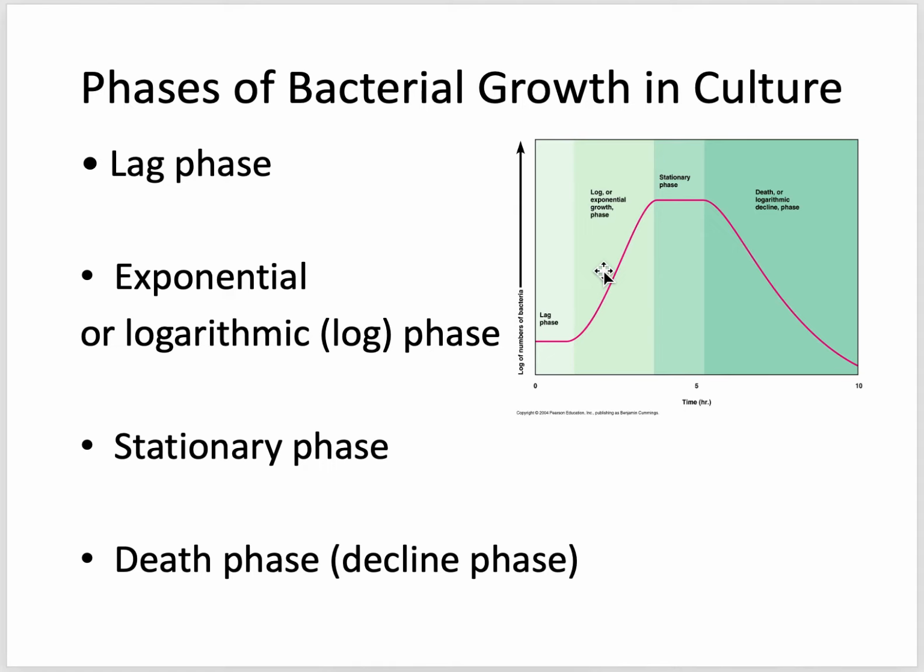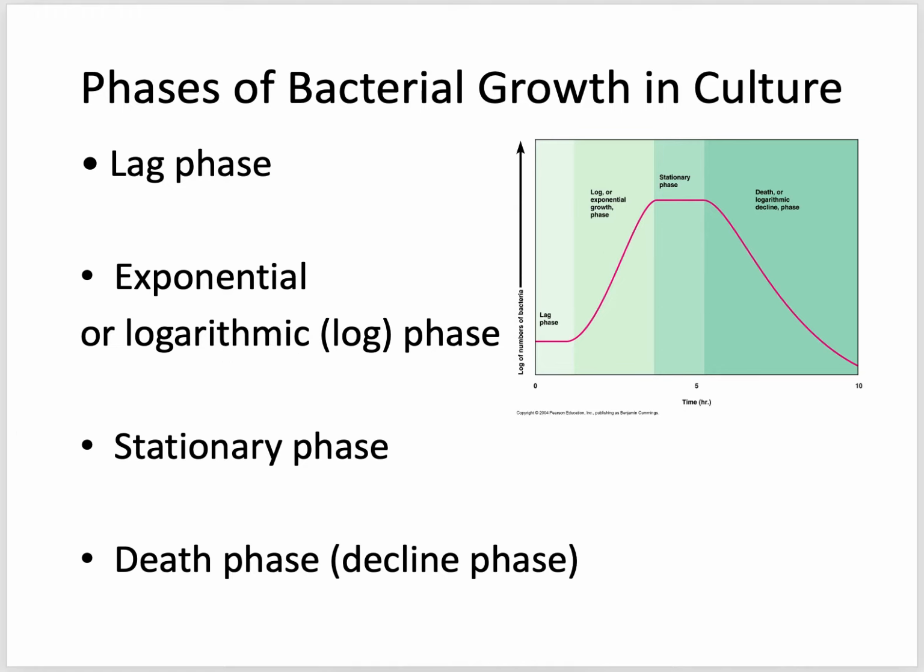In this time, as the cells grow very rapidly, they will also utilize the nutrition of the media very rapidly. So the rate of cell growth is proportional to the rate of media utilization at this stage.